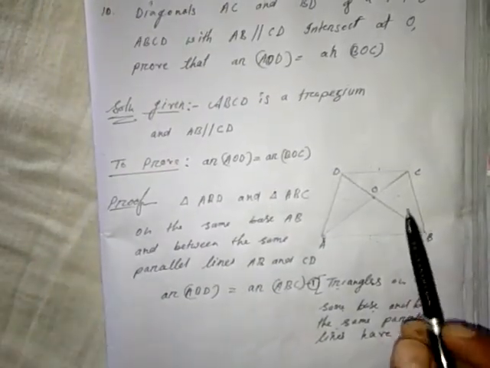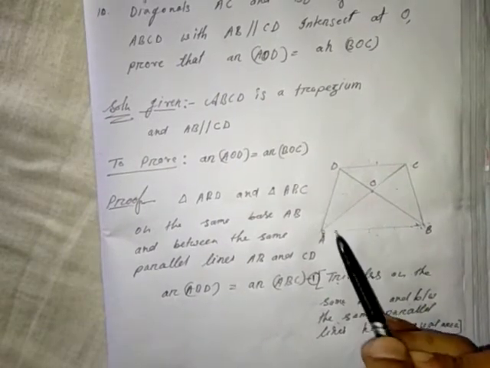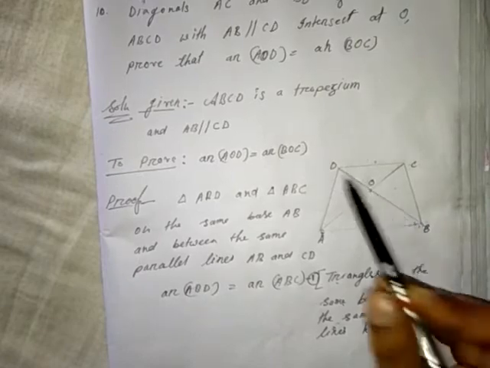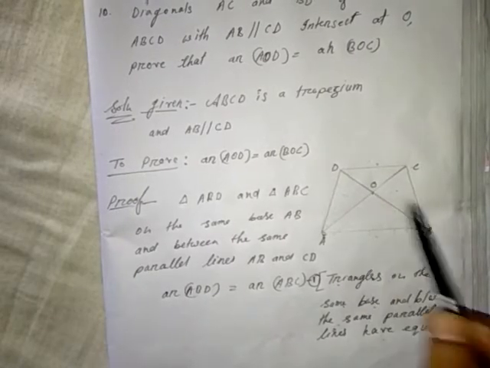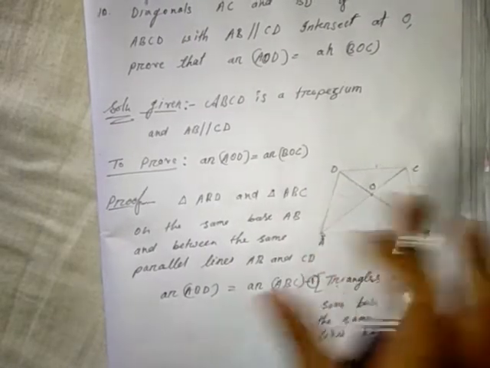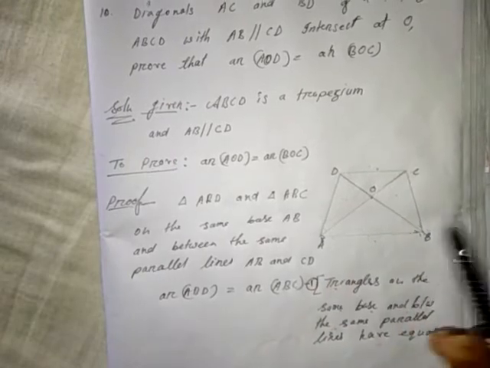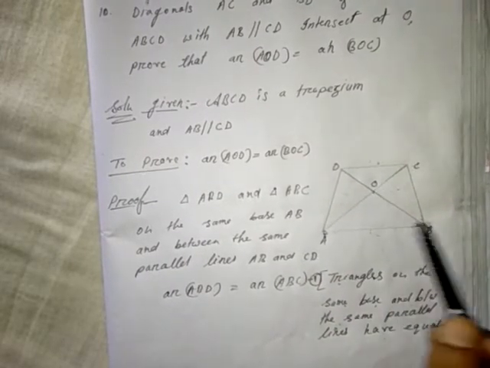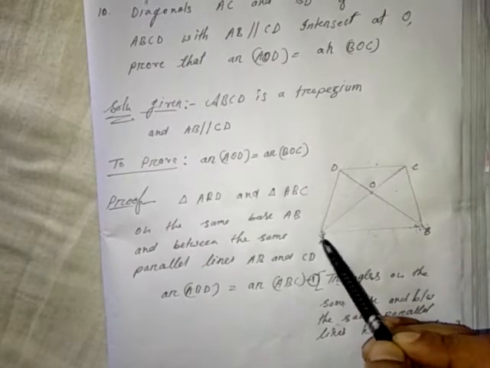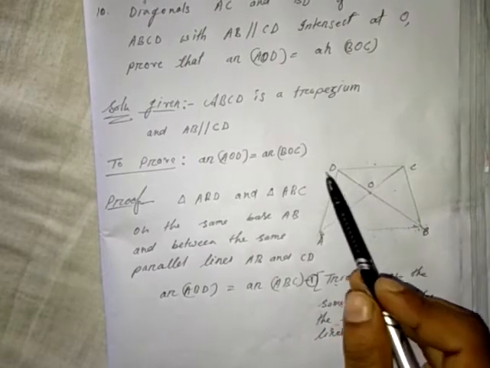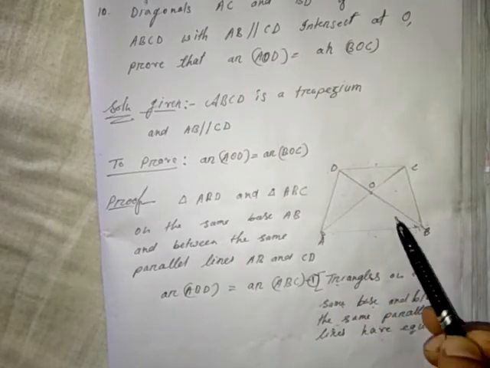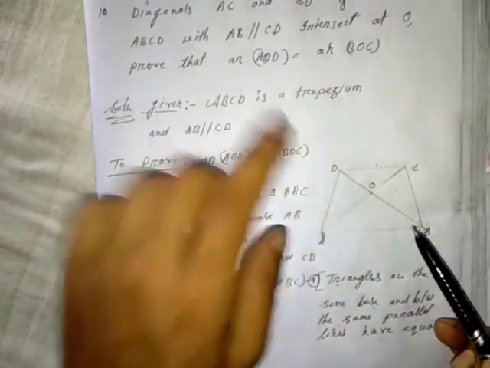Then we will come to the next step. Suppose from triangle ABD we subtract this portion AOB, then we will get AOD.